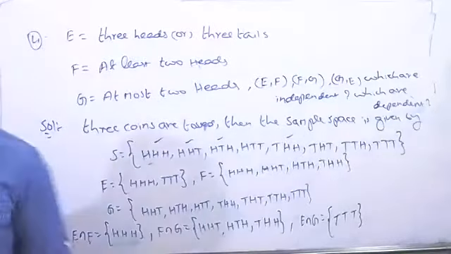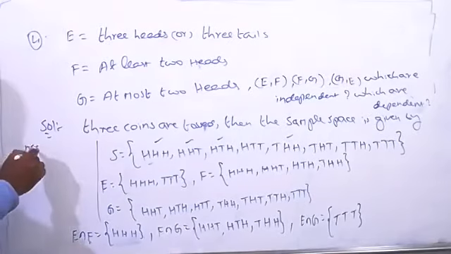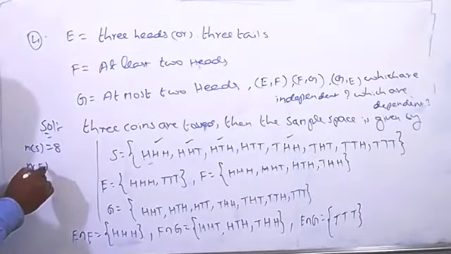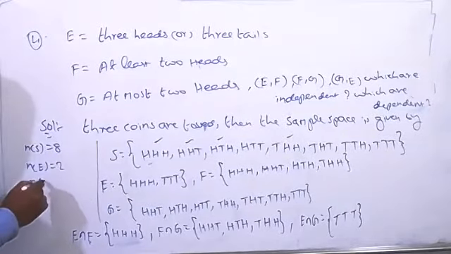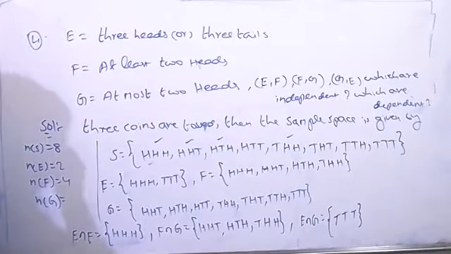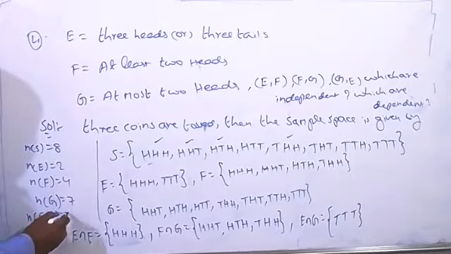Therefore, n of S equals 8, n of E equals 2, n of F equals 4, and n of G equals 7. n of E intersection F is 1.